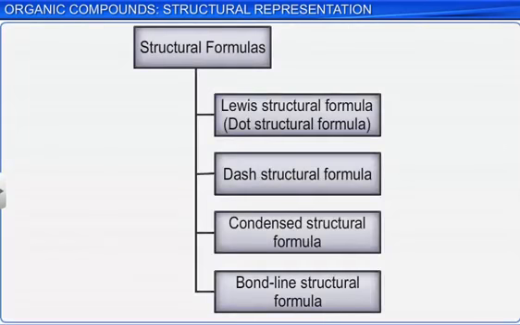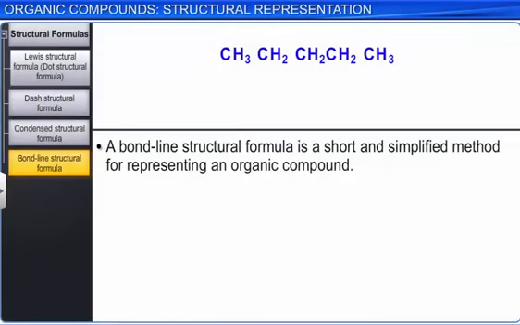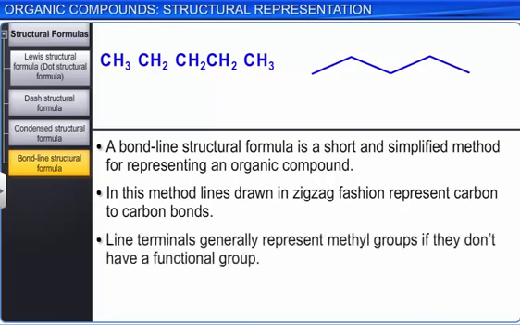Finally, let's look at the bond line structural formula. A bond line structural formula is a short and simplified method for representing an organic compound. In this method, lines drawn in zigzag fashion represent carbon-to-carbon bonds, and line terminals generally represent methyl groups if they don't have a functional group.